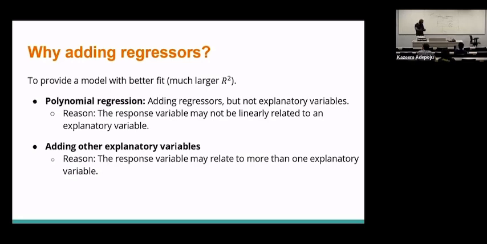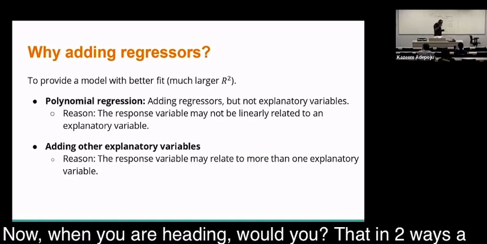Now when you are adding, we do that in two ways. At times we could go polynomial, at times we could just be adding. When we go polynomial, we are adding regressors but not explanatory variables. Why do we need to do that?